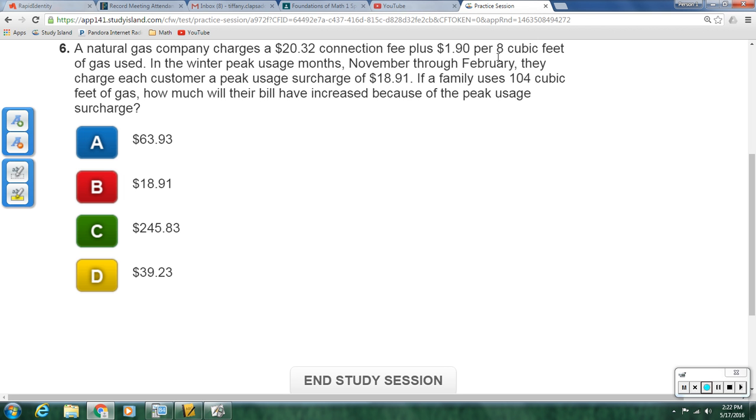Alright, so Shane says 13. So how much would they pay? $13 times $1.90, right? $24.70. Alright, so they were gonna pay $24.70, but the company says, nope, the maximum we're gonna charge is $18.91. What do you think?